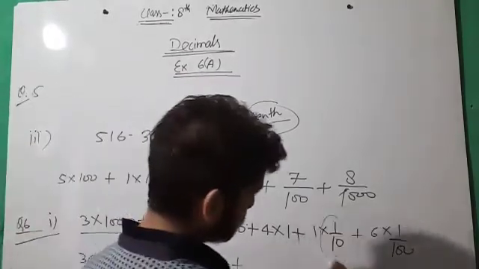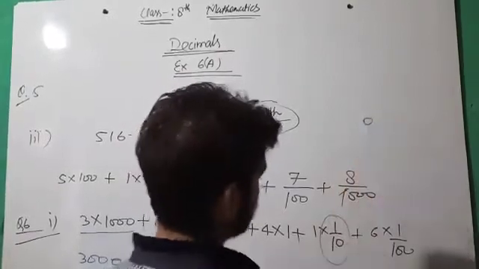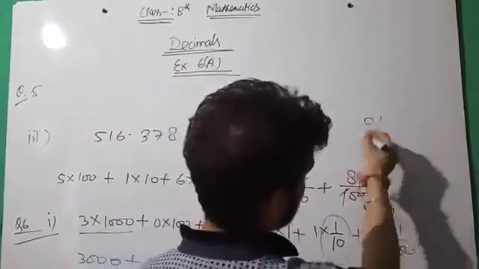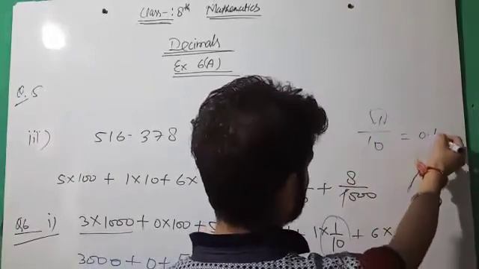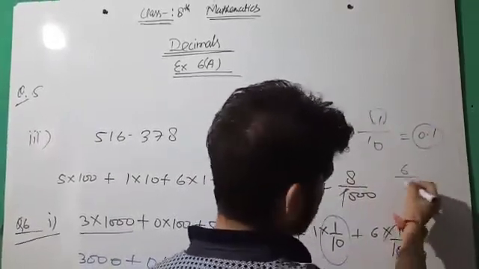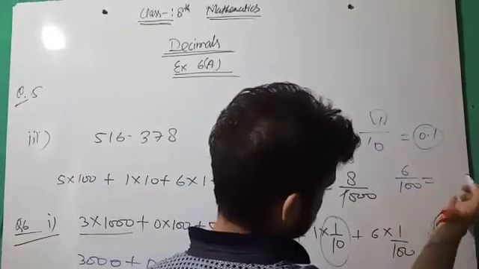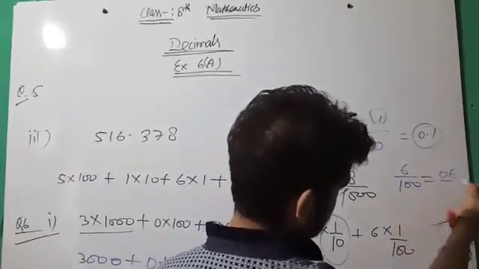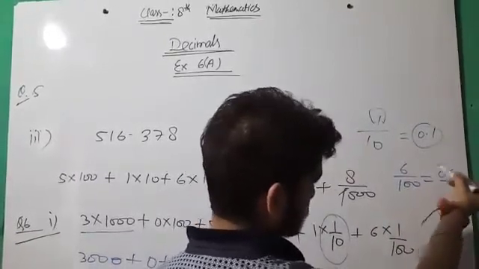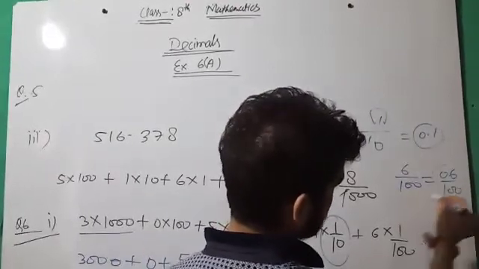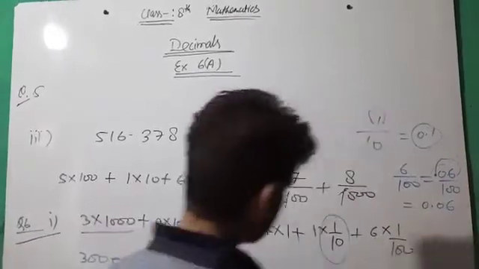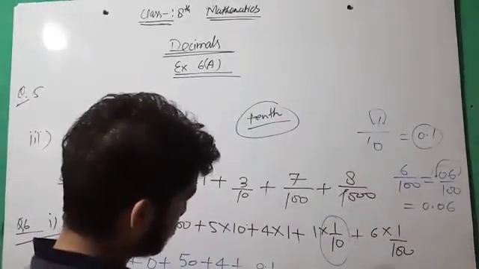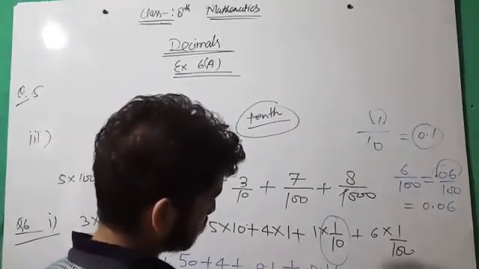Now we have to convert 1 by 10. For 1 by 10 we just place the decimal like this, so this is 0.1. And to convert 6 by 100, we write it as a 2-digit number like 06 upon 100, so the decimal is here, so 0.06 is the answer. So we have 1 by 10 as 0.1 and then 0.16.